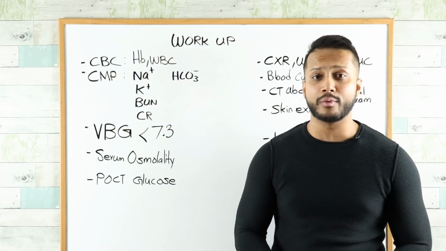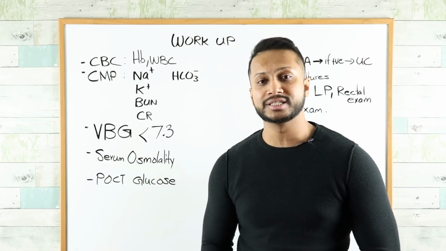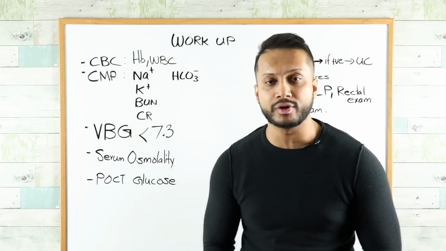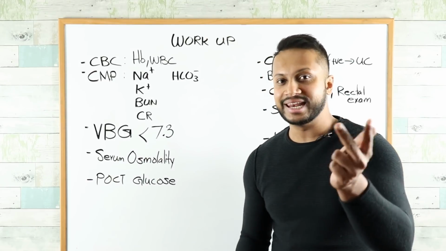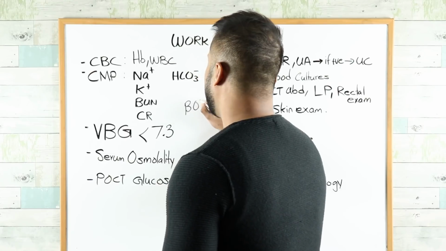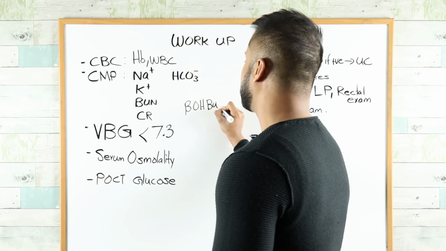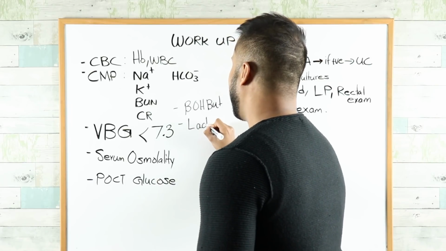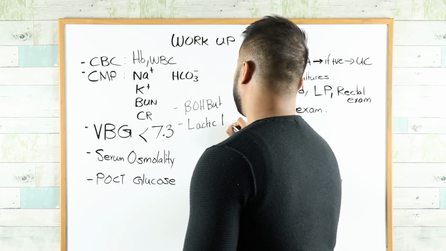And you guys already know why the patient is acidotic. The patient is acidotic because there's elevation of beta hydroxybutyrate, acetoacetate, and lactic acid. So clearly you have to get these levels as well. Beta hydroxybutyrate, you need to get a lactic acid level as well.